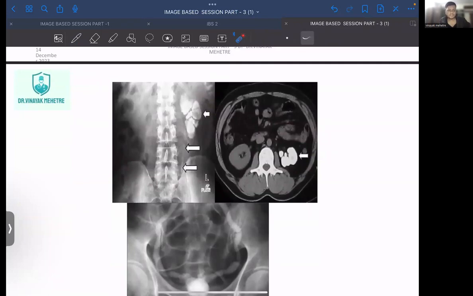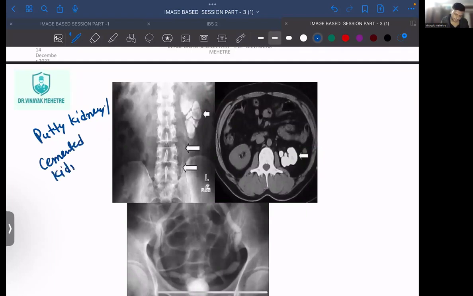X-ray and CT scan of abdomen are done, and we are seeing the image. What is the probable diagnosis? If I will write down the name, everybody will answer this. This is called as putty kidney or cemented kidney.